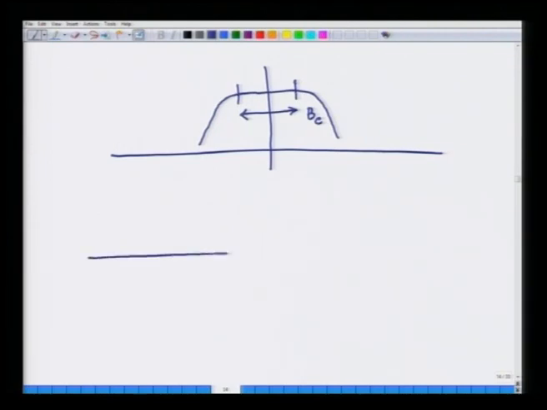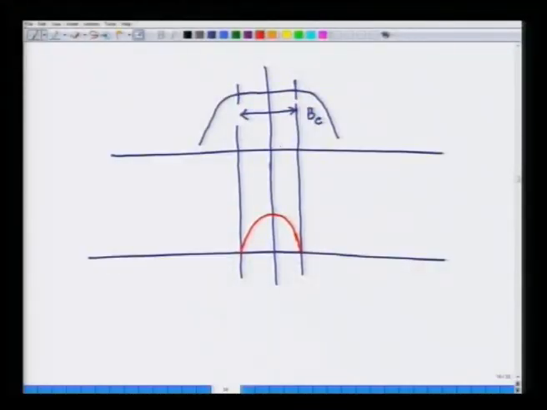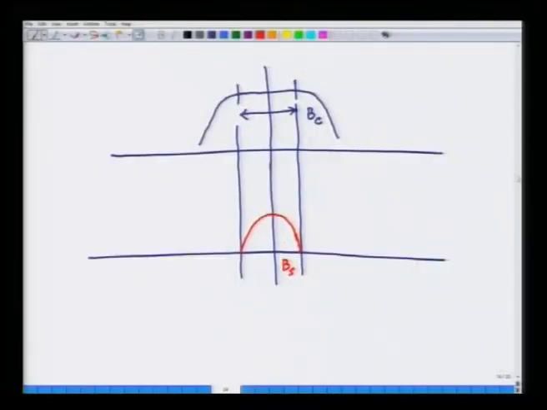I have a signal whose spectrum looks like this. Let me draw the spectrum of the signal. The important thing to note here is that the spectrum of the signal is less than the coherence bandwidth. Let me call this the bandwidth of the signal, Bs. It is limited to the coherence bandwidth, that is, the maximum frequency component present in the signal is less than Bc over 2. So, the signal spectrum is limited to the coherence bandwidth.